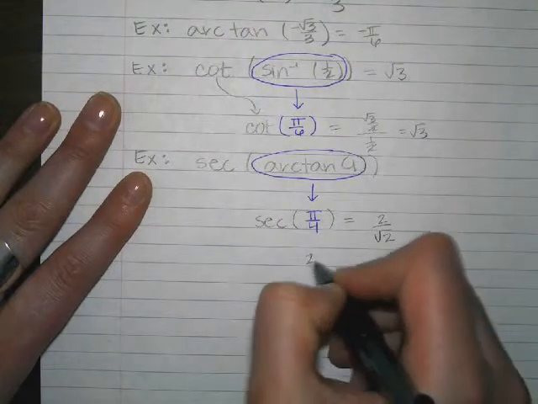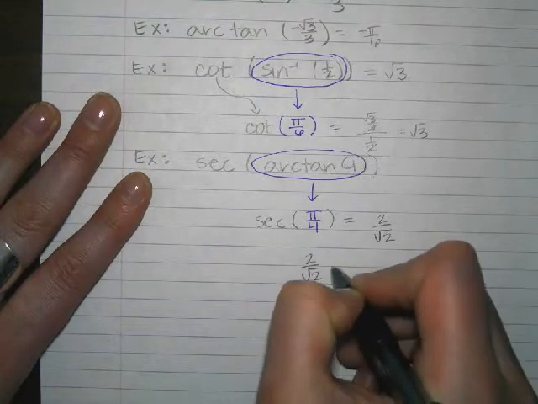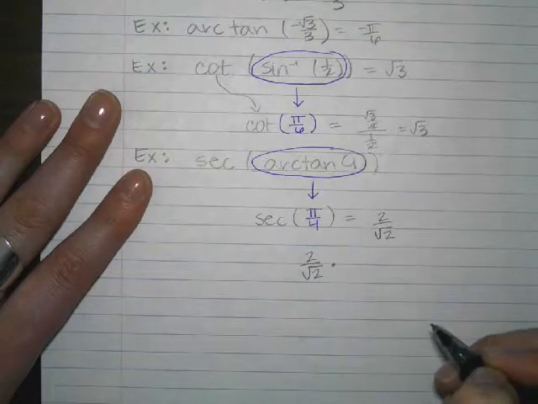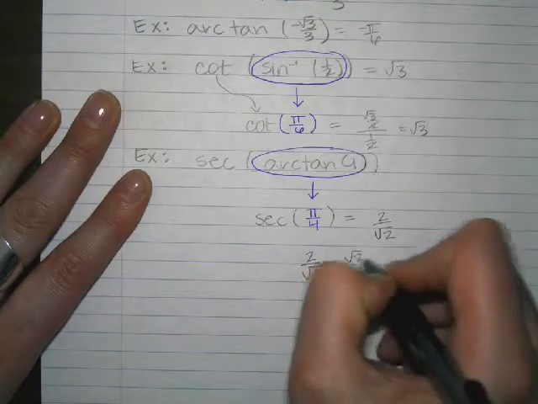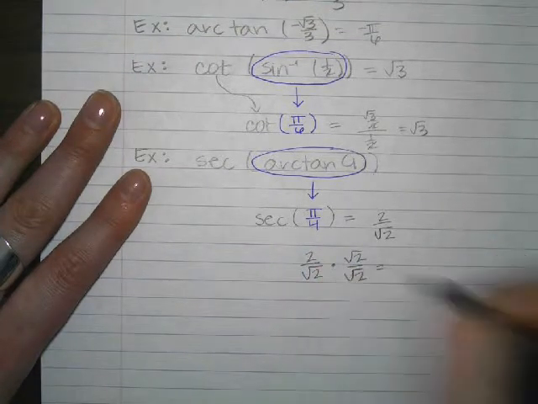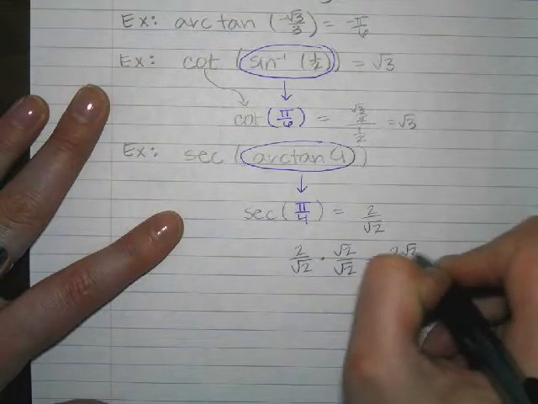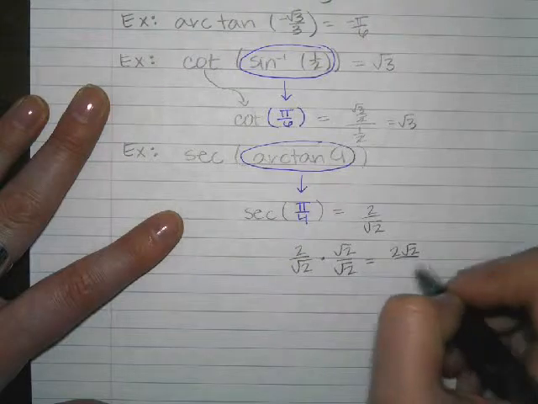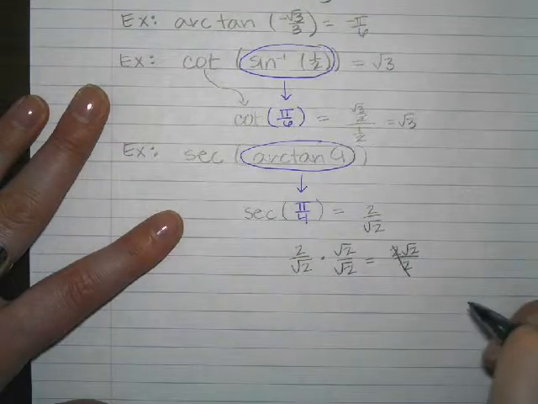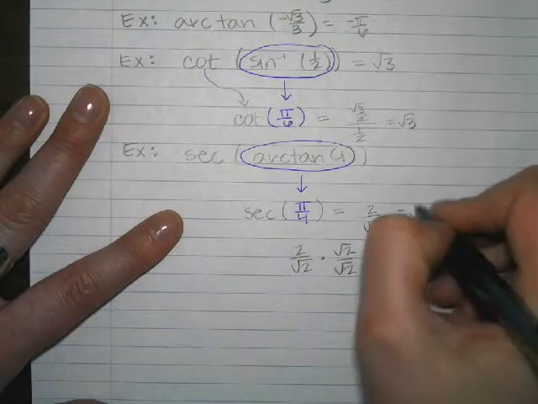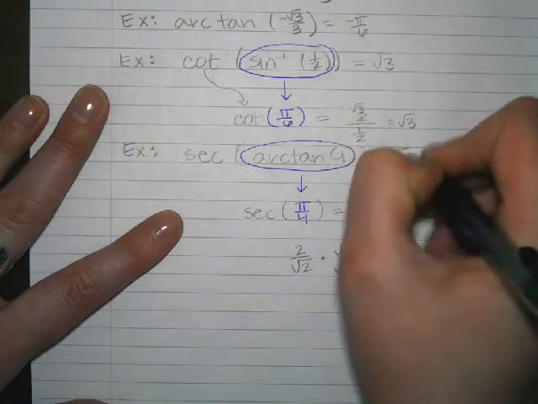And if we simplify that, 2 over square root 2 needs to multiply by root 2 over root 2. On the top I get 2 times root 2. On the bottom, those cancel. And so this is just square root 2, and so the original problem just equals square root 2.